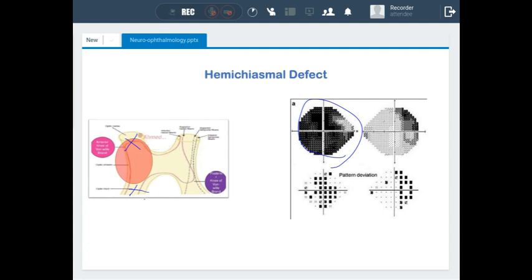On the side of the lesion, the eye is completely blind, and it involves the decussating nasal fibers from the other eye, leading to temporal hemianopia of the other eye. That's why it's called a hemichiasmal defect, because there is hemianopia in one eye and blindness in the other eye. So this is also a very important presentation of chiasmal syndrome.